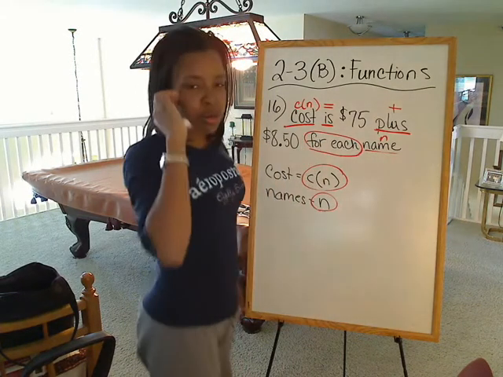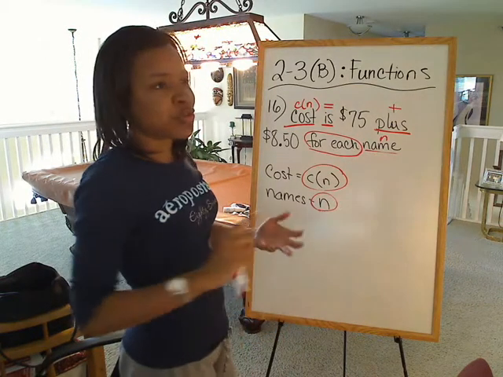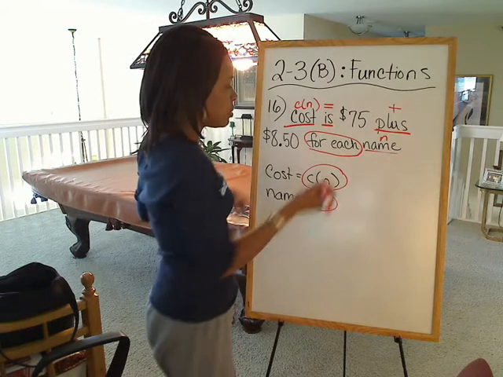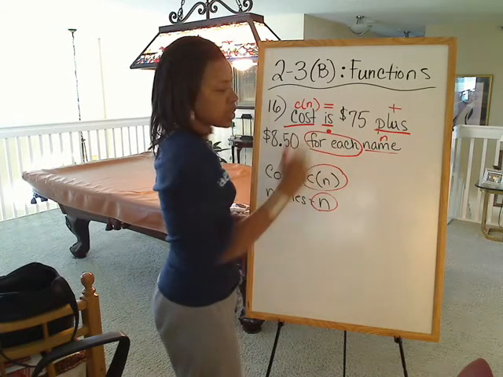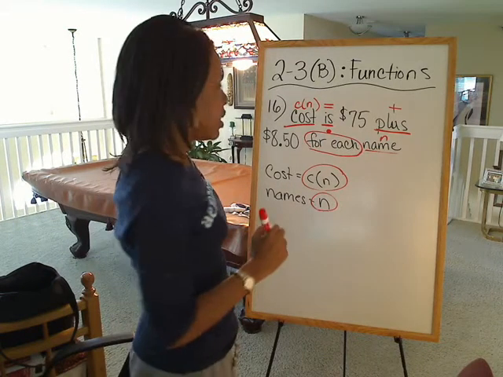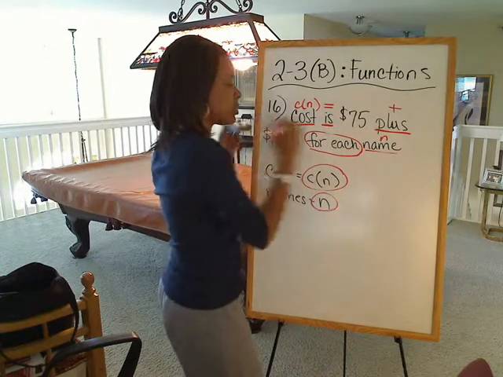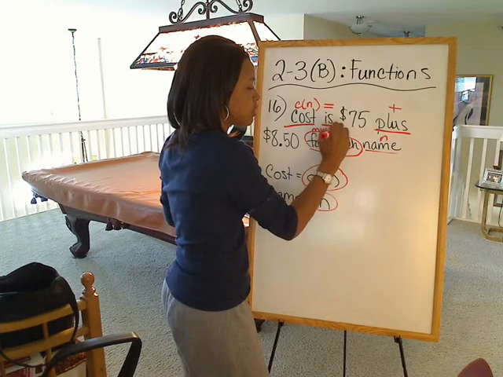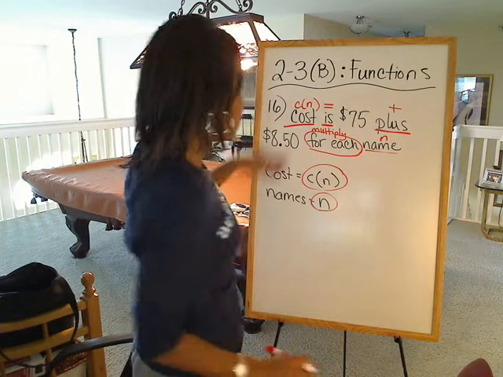Anybody remember what for each stands for? Whenever they say for each or for every, that's usually going to be multiplication. I'll put a dot there for multiplication. Actually, I don't like the dot because most people don't remember that. So I'll just write out multiply.